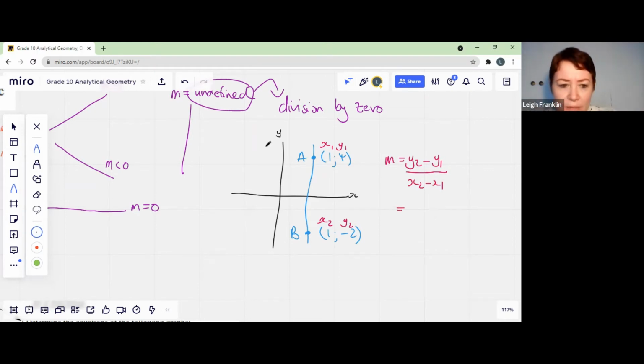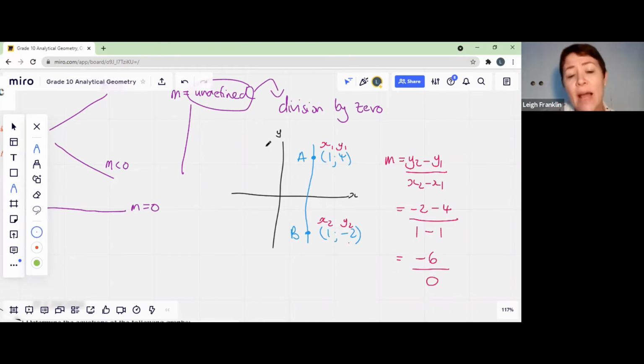So y2 is equal to -2, y1 is equal to 4, x2 is equal to 1, x1 is also equal to 1. So what we've got here, grade 10s, is -6 in the numerator and 0 in the denominator. That's why it's undefined, because division by 0 is taking place.